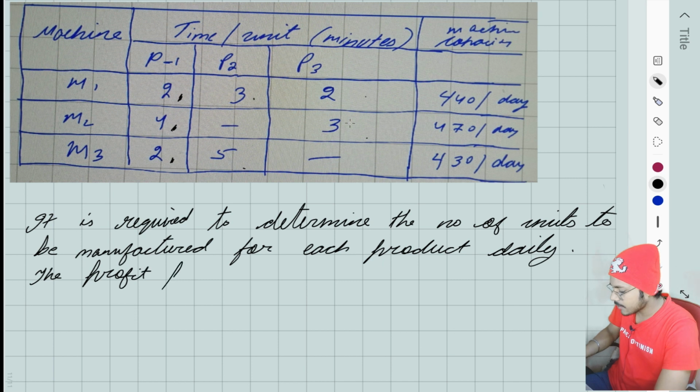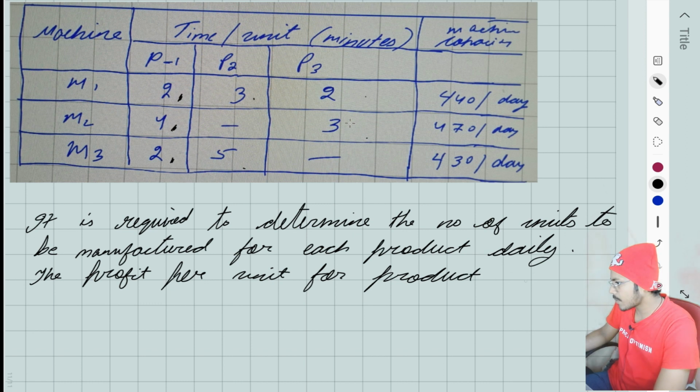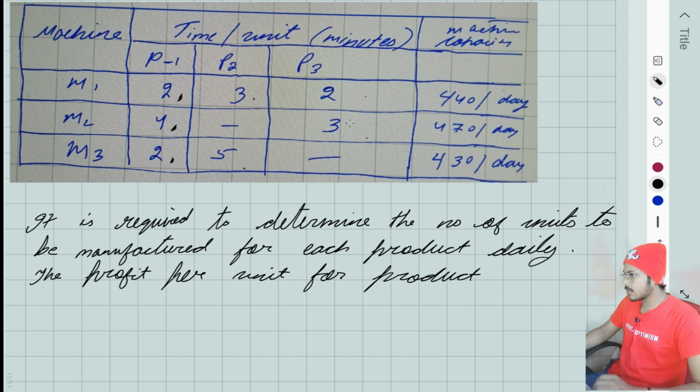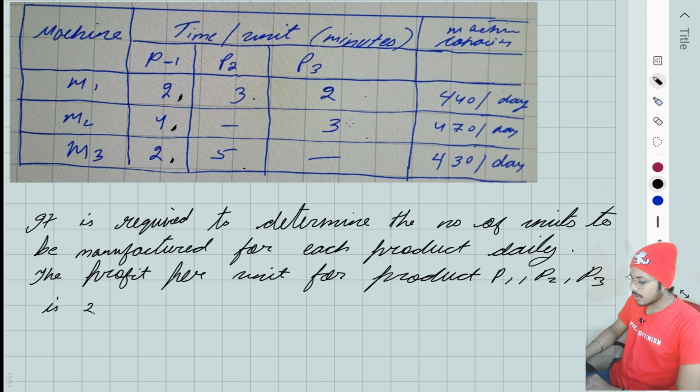The profit per unit for product P1, P2 and P3 is rupees 4, rupees 3 and rupees 6. So formulate the LPP.